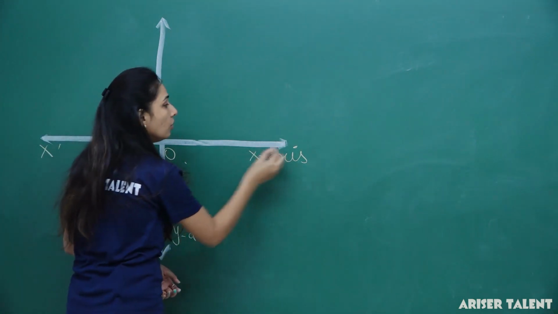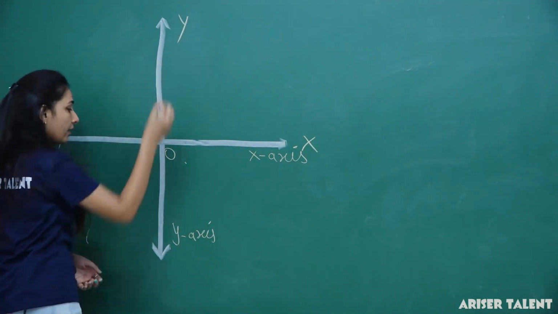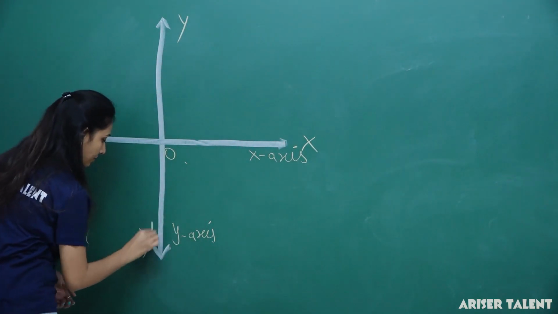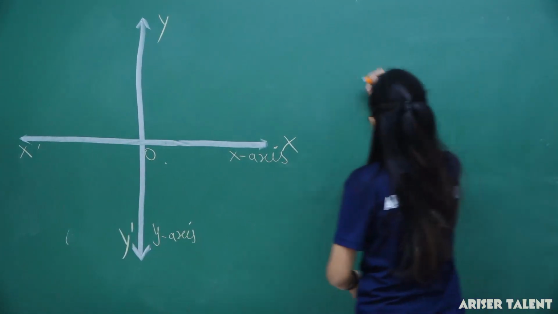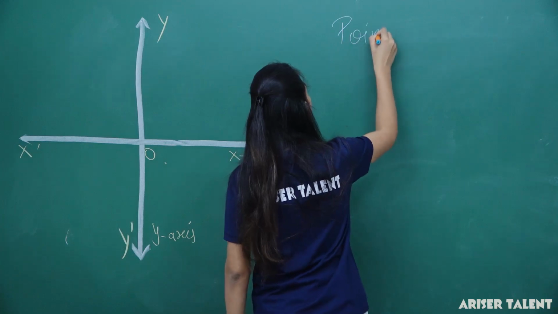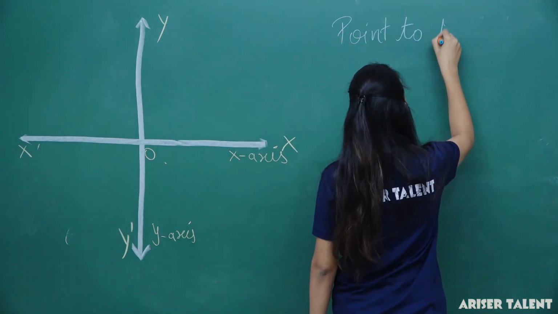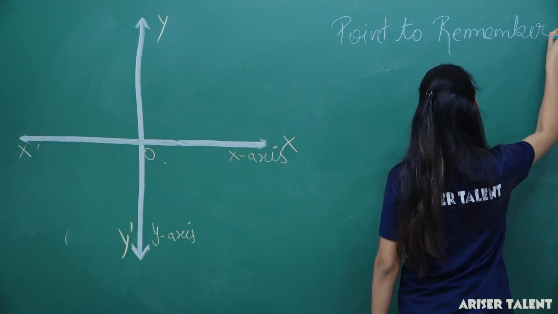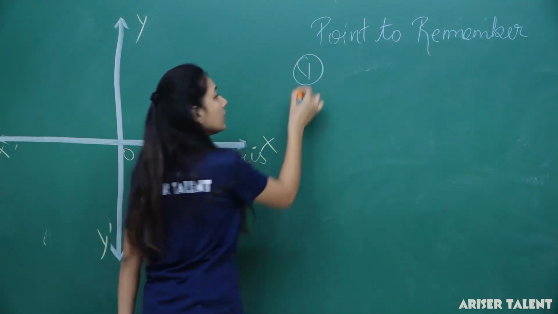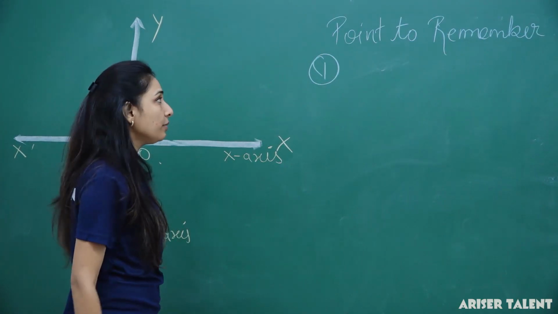X dash, O, X, Y, O, Y dash. Now first write down the points with me.